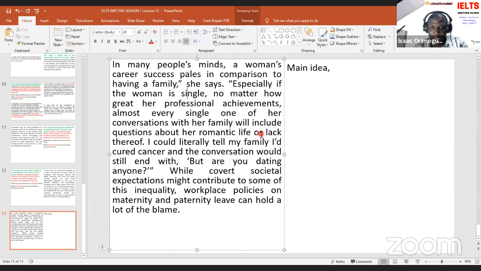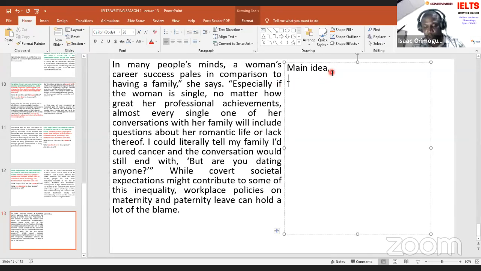The main idea here is that women's career is always considered to take the back burner in relation to their marital status. That's what this passage is all about.